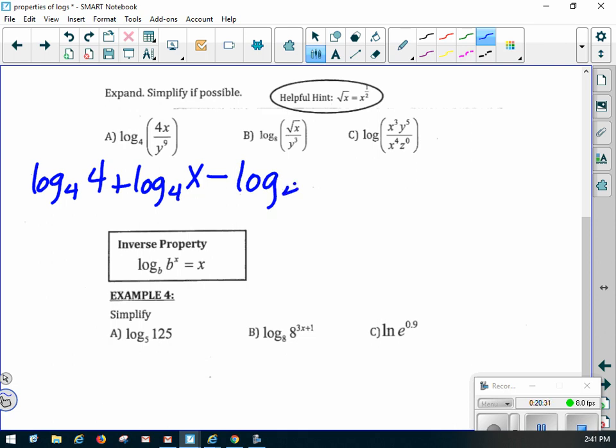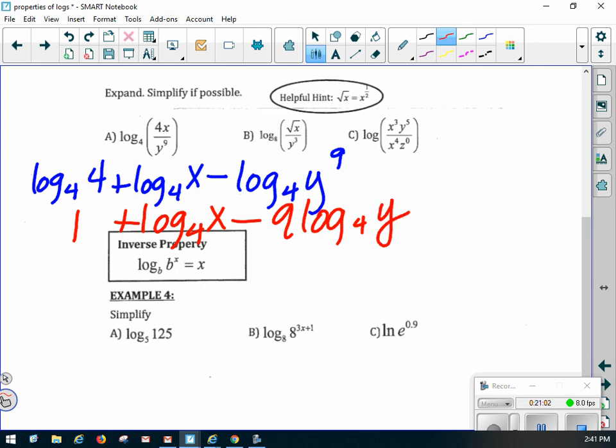Now, when you simplify, you don't want to have exponents left. And anything that will simplify just to a number, you want to do so. Where do I have a 1? Log base 4 of 4 is 1. Plus log base 4 of x minus 9 log base 4 of y.